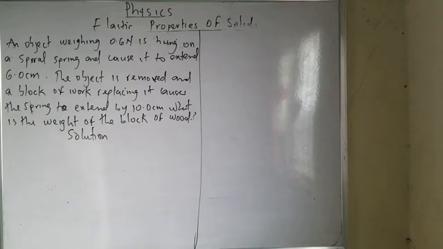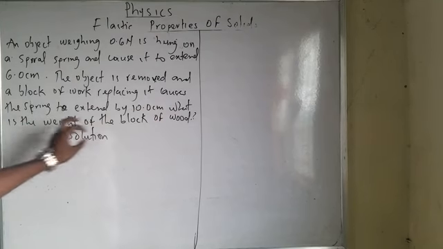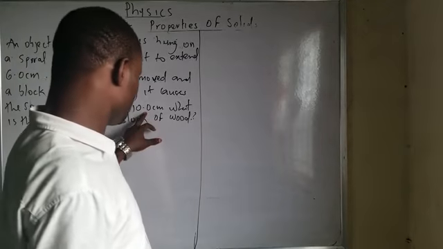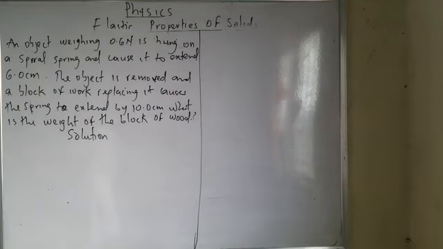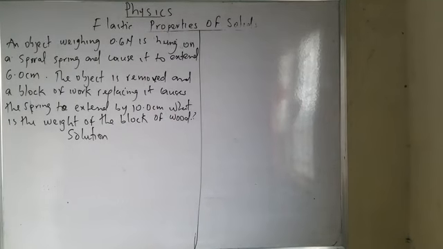The object is removed and a block of wood replacing it causes the spring to extend by 10 centimeter. What is the weight of the block of wood? If I have this type of problem, what should I do? The first thing is, I will first look for what?